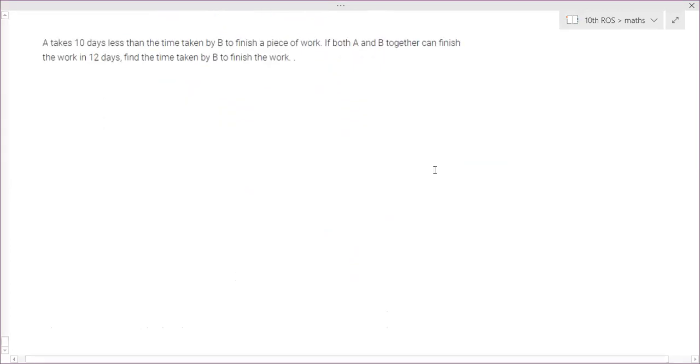So 12th exercise, first question, which is based on time and work questions. Just like the TAP question we have seen yesterday, the same questions. A takes 10 days less than the time taken by B to finish the piece of work. If both A and B together can finish the work in 12 days, find the time taken by B to finish the work.